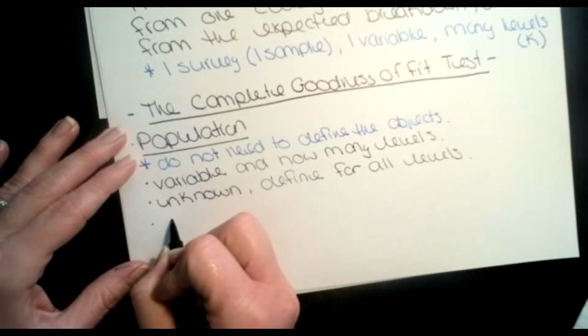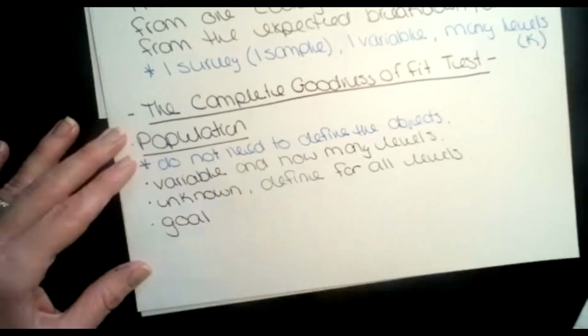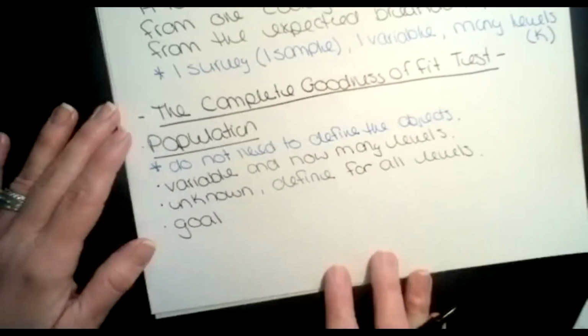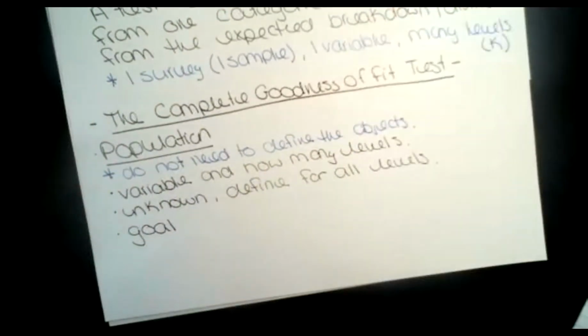And then my goal. Remember, my goal is really important. This matches my HA. This is what we're trying to prove. This is what we're trying to find support for, right?